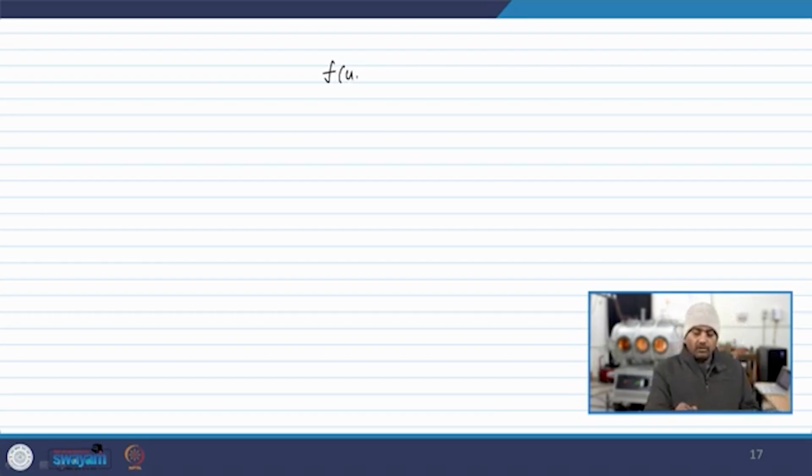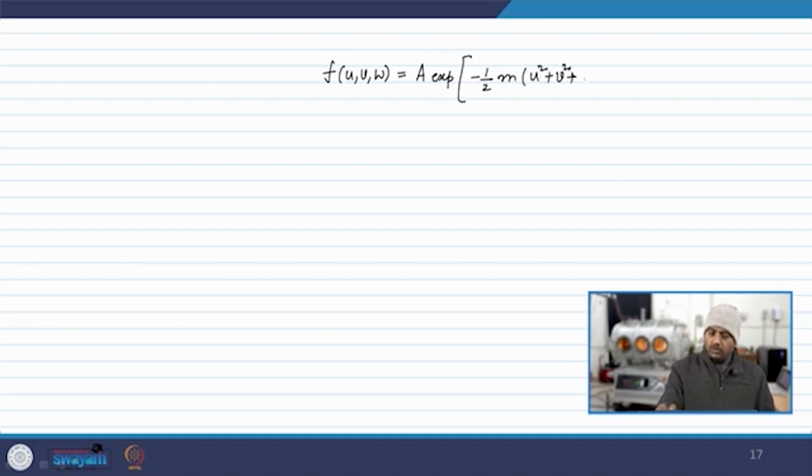Now we have f of u, v, w equals A times exponential of minus half m times (u square plus v square plus w square) divided by kBT, and you evaluate the value of the constant as n times (m by 2 pi kBT) raised to the power of 3/2.